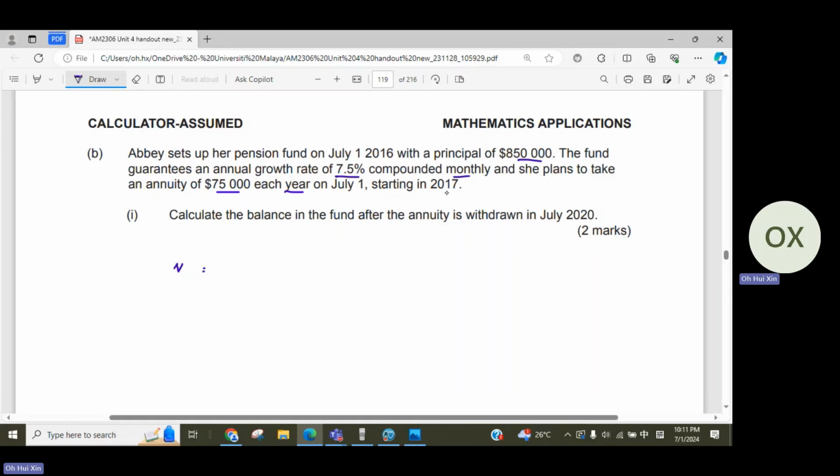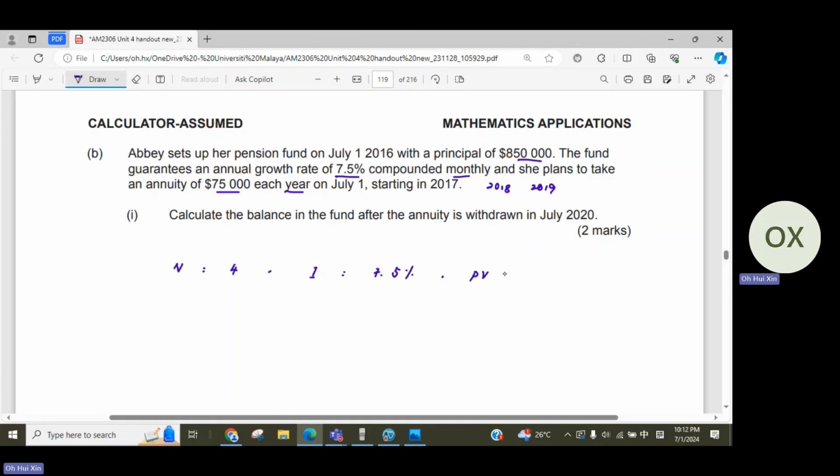So 2017 is the first time, 2018 the second time, 2019 the third time, and 2020 is going to be the fourth time, because you are finding the balance after the annuity is withdrawn in July 2020. So N here is 4, because we have made 4 withdrawals. So I is 7.5%.